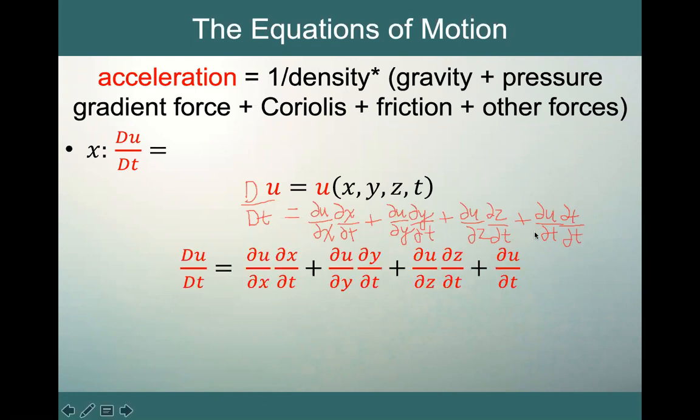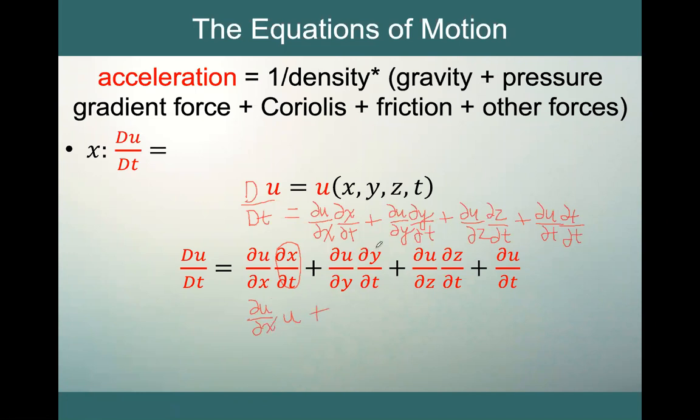So what we get is Du/Dt equals ∂u/∂x dx/dt plus ∂u/∂y dy/dt plus ∂u/∂z dz/dt plus ∂u/∂t. Now, what we notice is that, as we just pointed out, right here we have dx/dt. Well, that we know is just u. So this part right here is just ∂u/∂x times u.